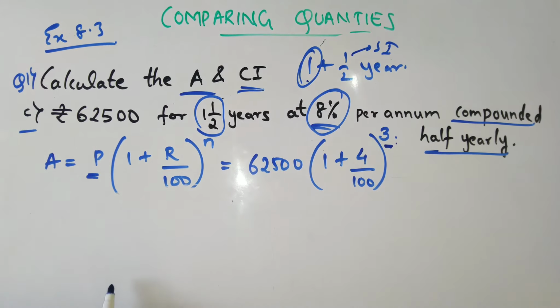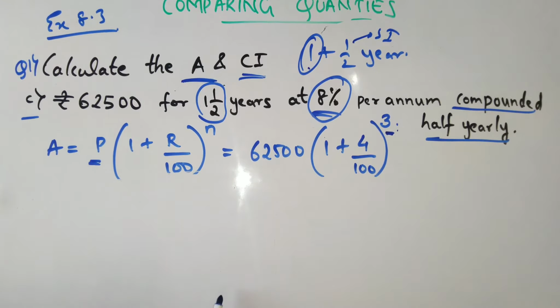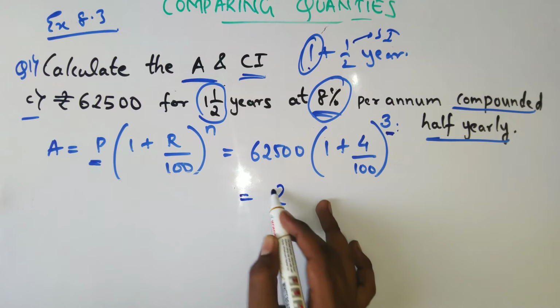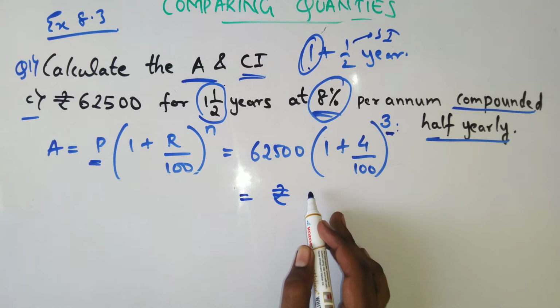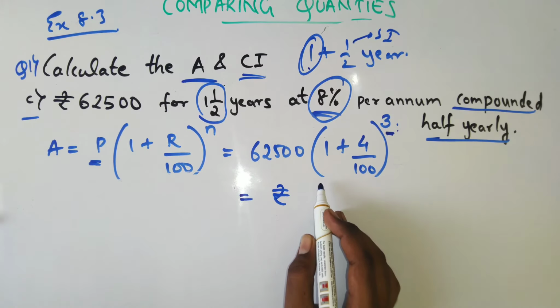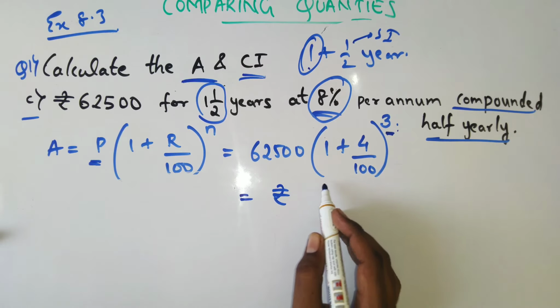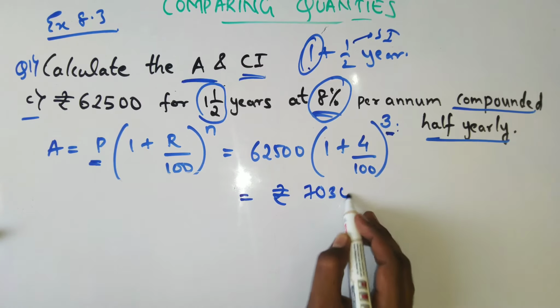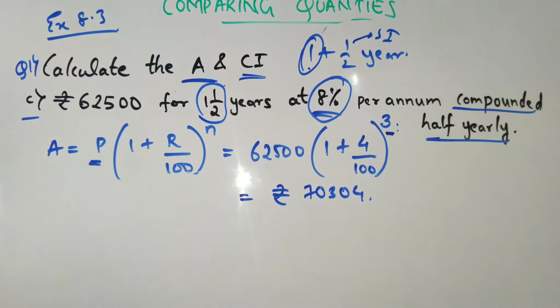Now proceeding, now again you have to calculate this value. So amount, I'll just simplify all these terms. So I'll get amount as 70,304. 70304 will be my amount.